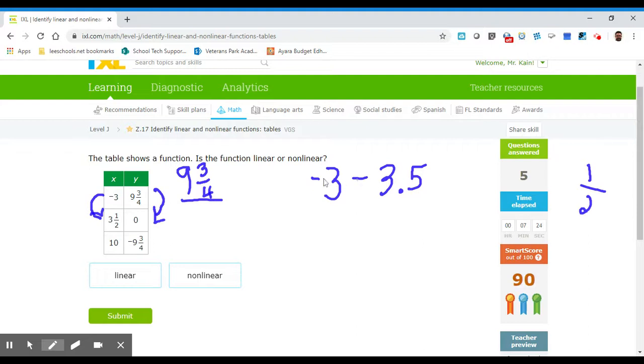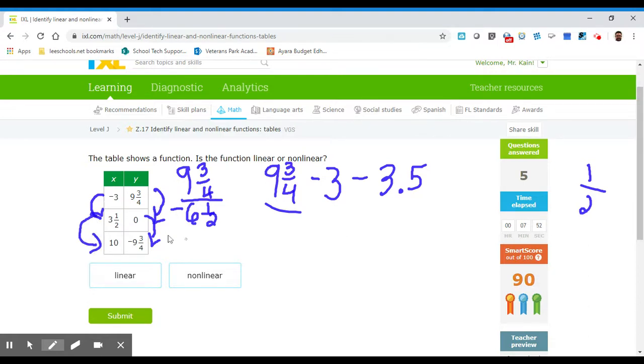So since these are the same sign and we're adding and subtracting, we can add them. So 3 plus 3 is 6. So this is -6.5, -6.5. Okay, let's do the same thing. This is tricky, but we have 0 minus 9 and 3/4. So we still have positive 9 and 3/4. Let's check this side.